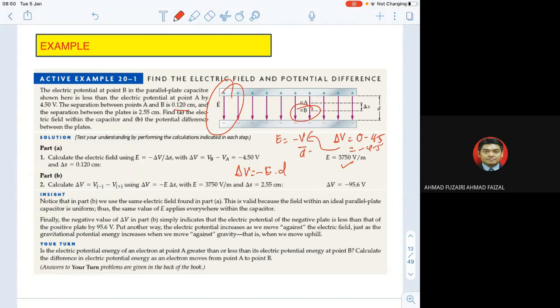Now D is the distance between both plates, 2.55 centimeters, which should be converted to meters. With that, the potential difference is negative 95.6.